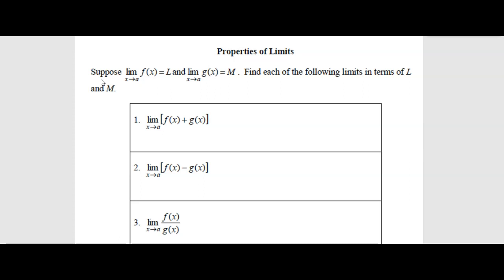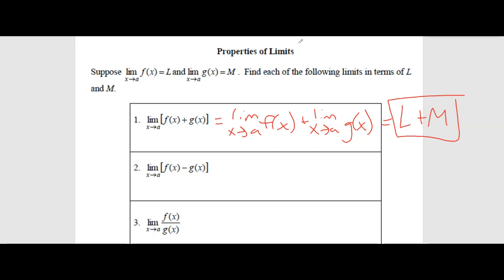So if we look at number 1, and we are adding two functions together and taking the resulting function's limit, well, we can take the limit of each function separately and then add those together. Okay, and this would just be equal to L plus M, right?